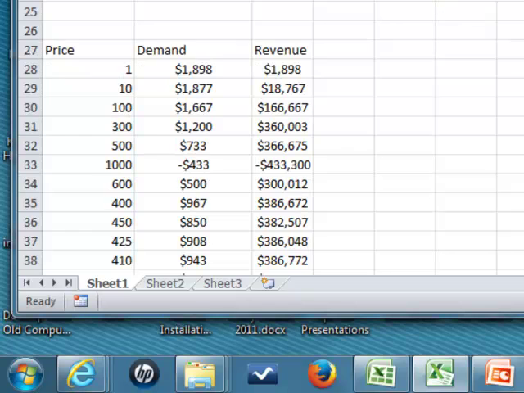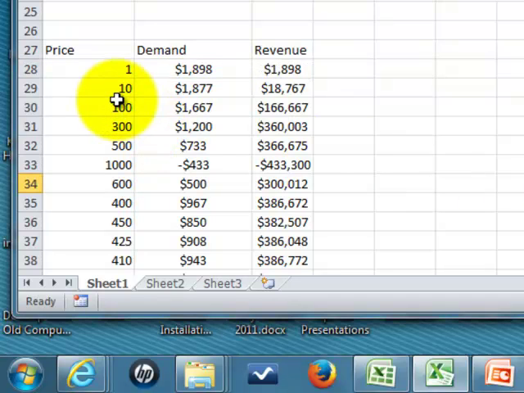Now, then it says take this and develop a model and find us the price that maximizes revenue. So all I did, I broke it into two parts. I said the demand, just our demand function right there, our negative 2.33 times price plus 1,900 units gives us the units demanded. The revenue would then simply be the price times the number of units.